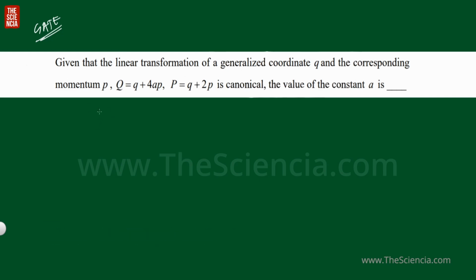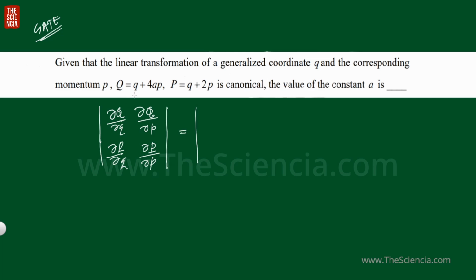That is what we have to find: ∂q/∂q, ∂q/∂p, ∂p/∂q, ∂p/∂p, right? So what do we get? ∂q/∂q is 1, ∂q/∂p is 4a, ∂p/∂q is 1, and ∂p/∂p is 2.